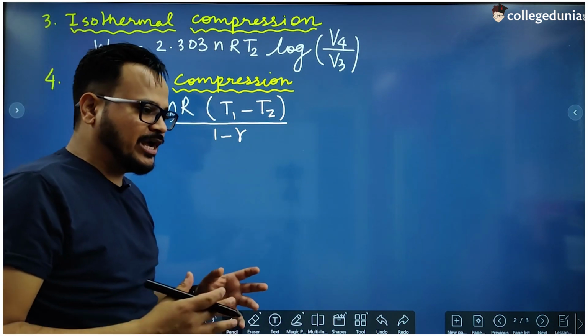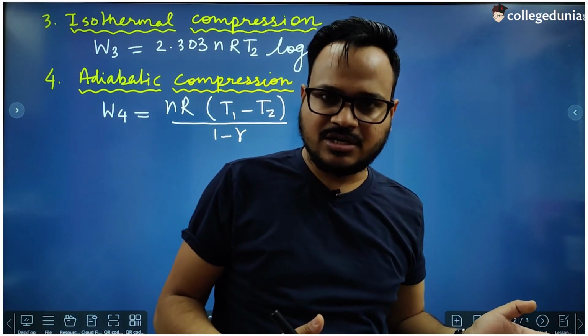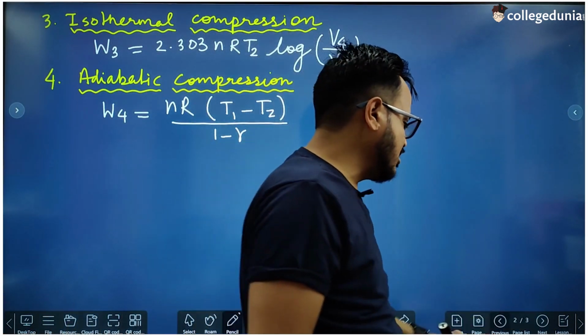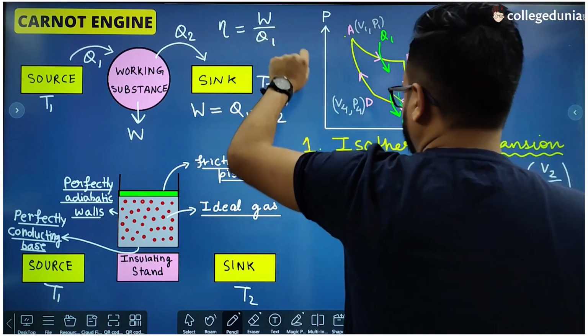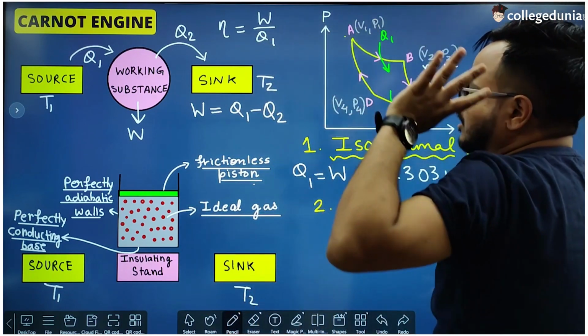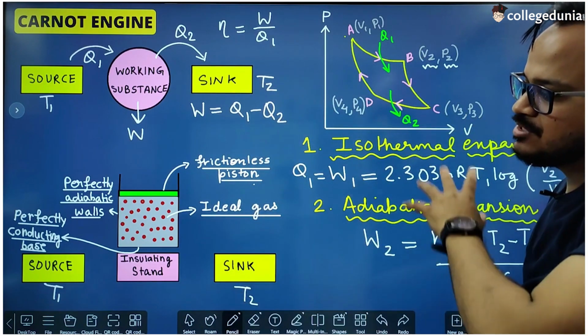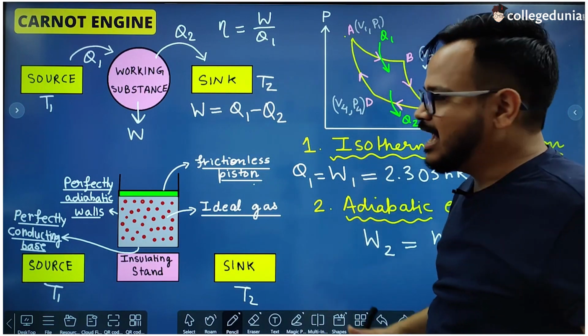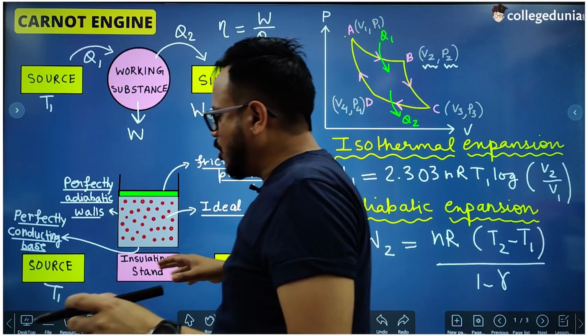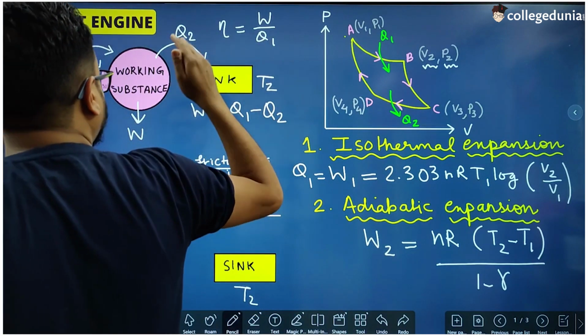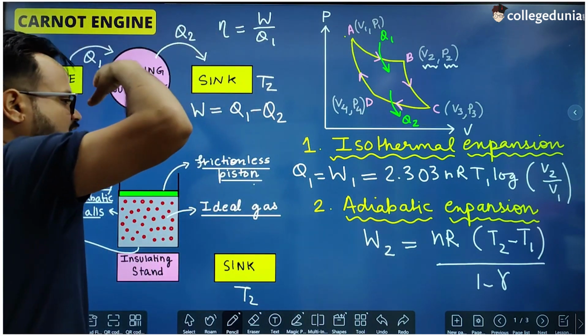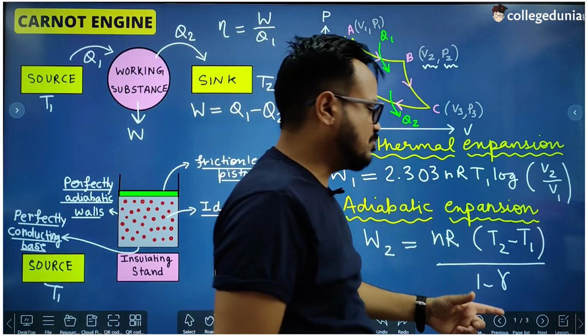So we have to find the efficiency of this engine. What was the formula for efficiency? Formula for efficiency was W by Q1. W is the net work done. There are many steps in the working of a heat engine, and in that case if you want to find efficiency, this W is the net work done in all those processes.